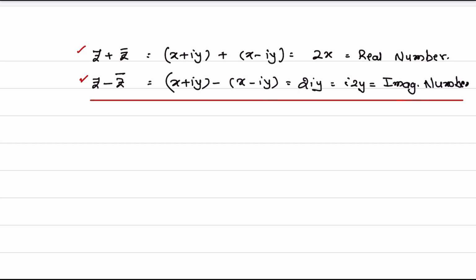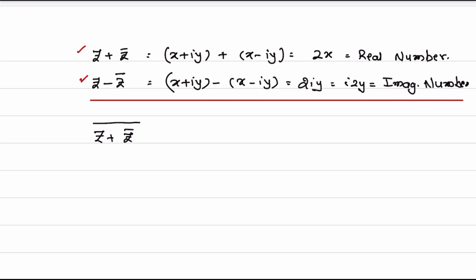Now, what is the meaning of z plus z bar whole bar? The conjugate of z plus z bar. What is the conjugate of z plus z bar? z plus z bar is 2x.